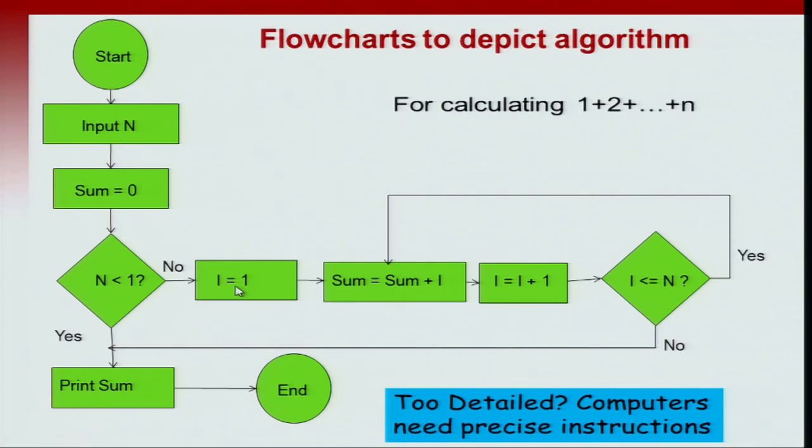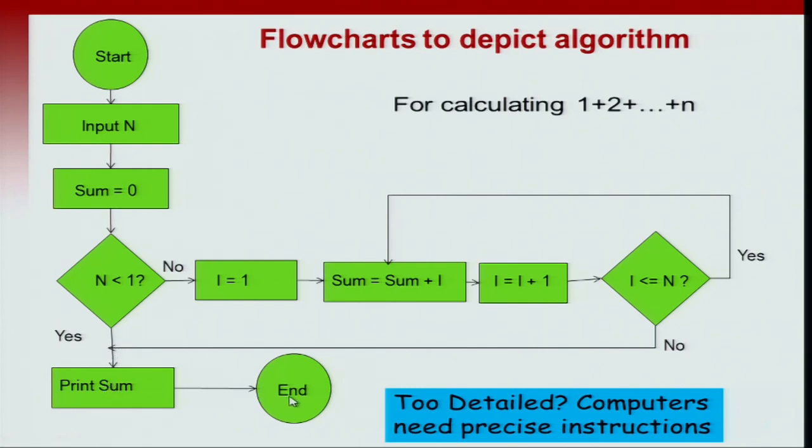So, increment a counter from 1 all the way up to n. You start with i equal to 1 and then add the ith number to the sum and then increment i. If i is already n, then you are done. If i is not n, then you go back and do the sum all over again, until you hit i equal to n. When you reach i equal to n, you come out of the loop, print the sum and end the program.